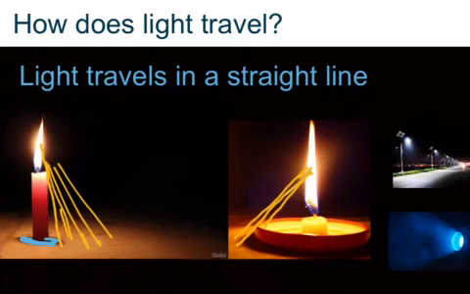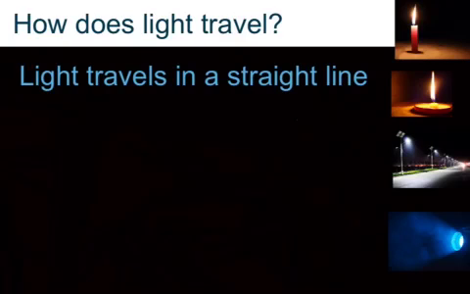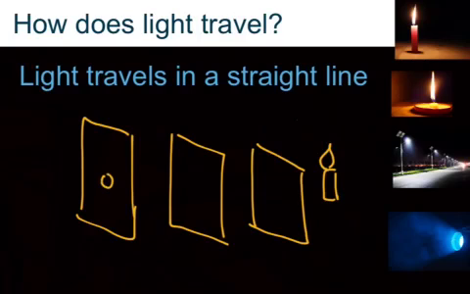Of course, there are also other ways which you can show that light travels in a straight line. For example, you can conduct an experiment like this, where you have a light source, maybe a candle here, and then you have different cardboards all placed in a straight line with holes on the cardboard. When the cardboards are in a straight line, you will be able to see the candle flame.